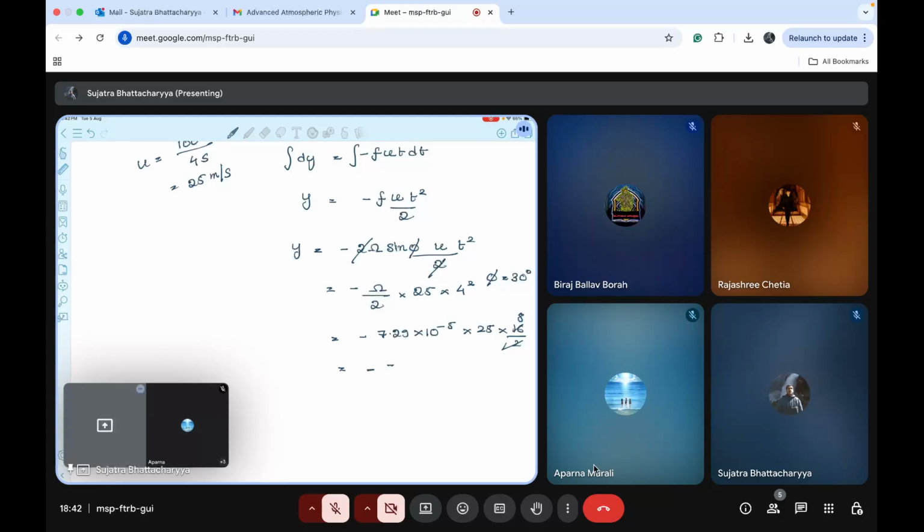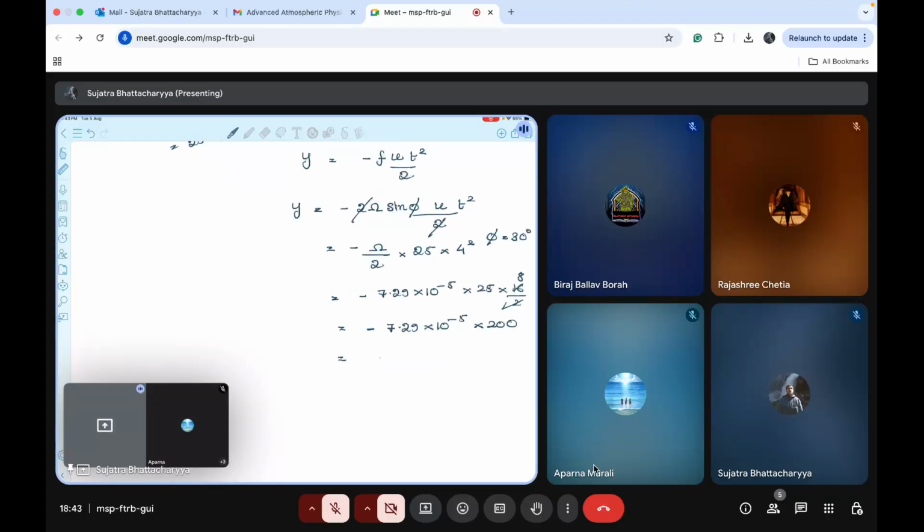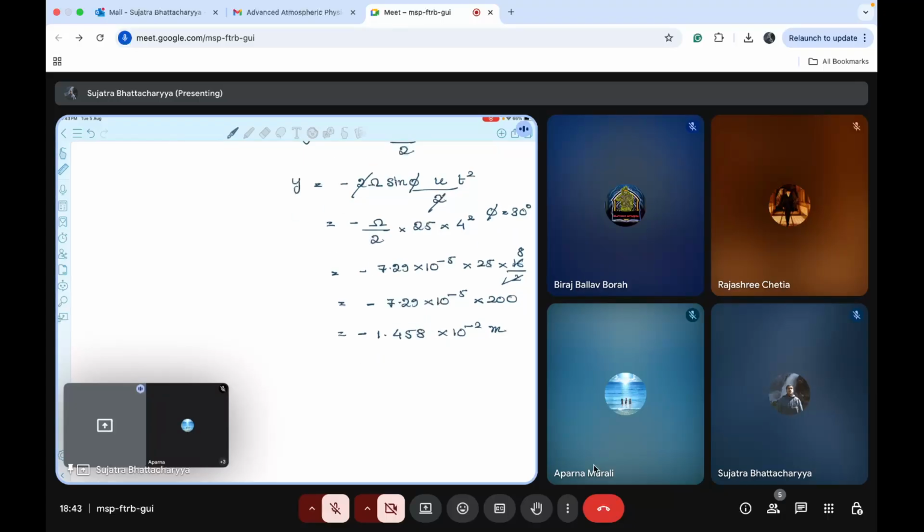So it will be minus 7.29 into 10 to the power minus 5 into 200. You will get 1.458 into 10 to the power minus 2 meters, negative sign. So roughly 1.5 centimeters.